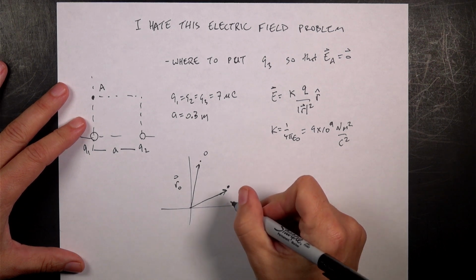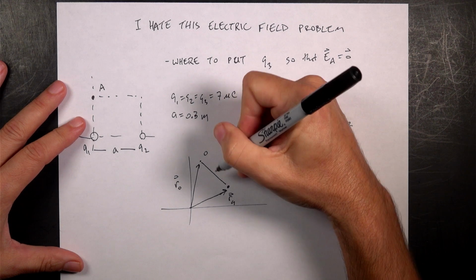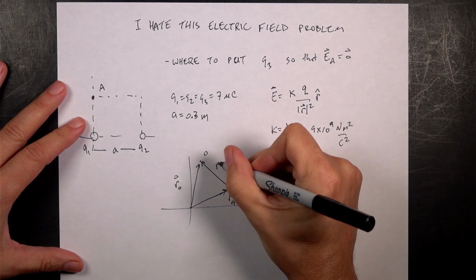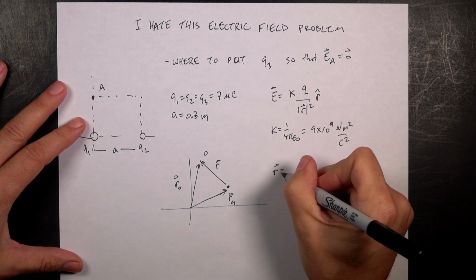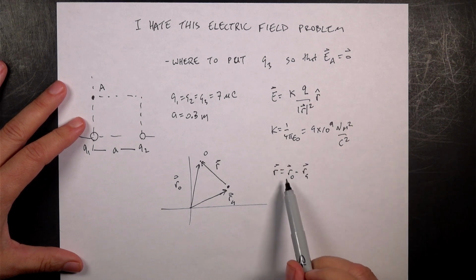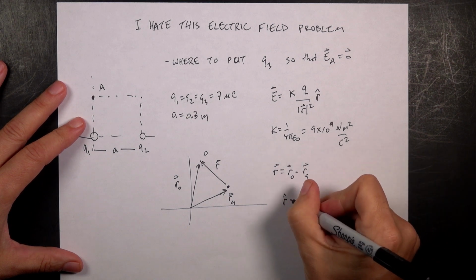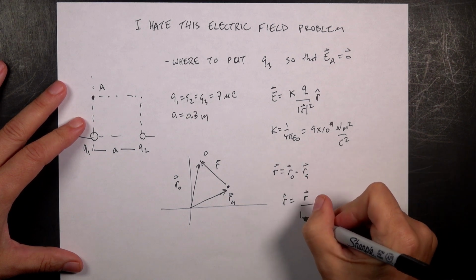We'll call this RQ for the location of the charge. Then this is R, such that R is going to be RO minus RQ. And then I can find the magnitude of that goes in here. The unit vector R hat is the vector R divided by the magnitude of R.